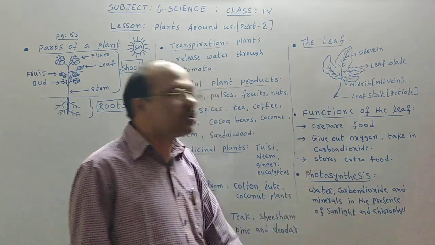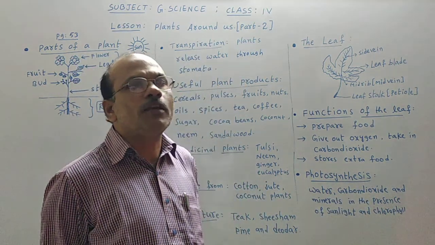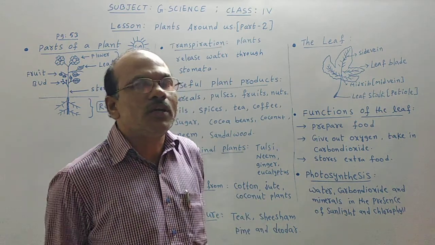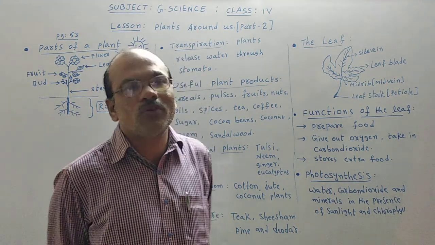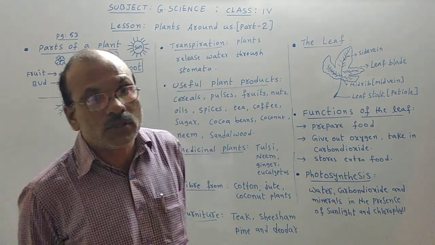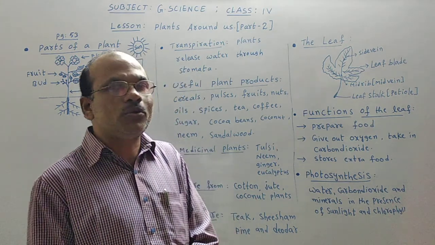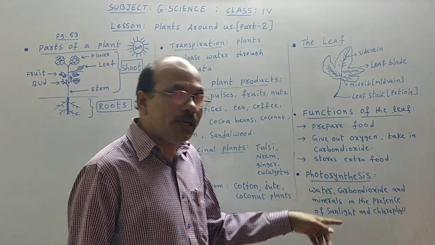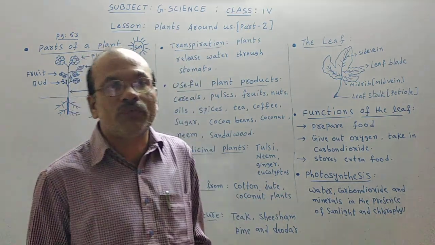In the presence of sunlight and chlorophyll, the plant is preparing food with a process. That process is called photosynthesis. Photo means light, and synthesis means put together. The water, carbon dioxide and minerals are put together in the presence of sunlight and chlorophyll.